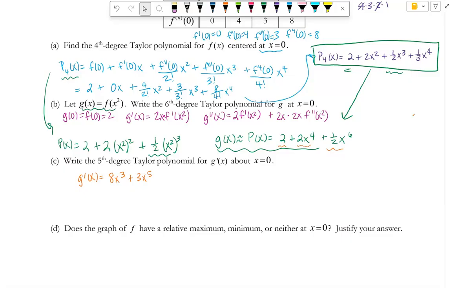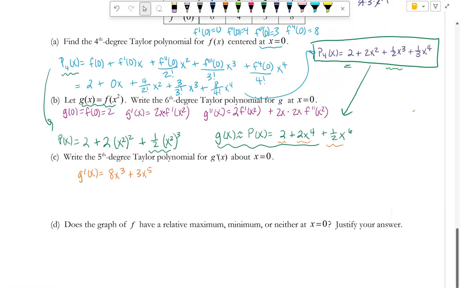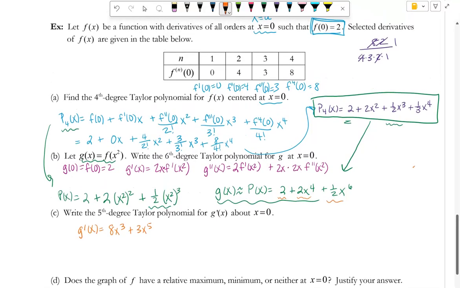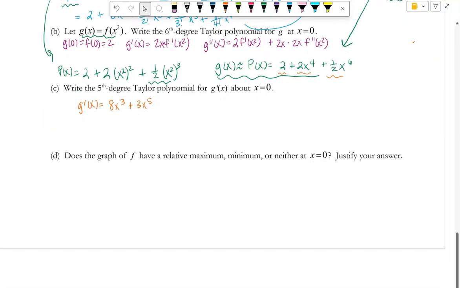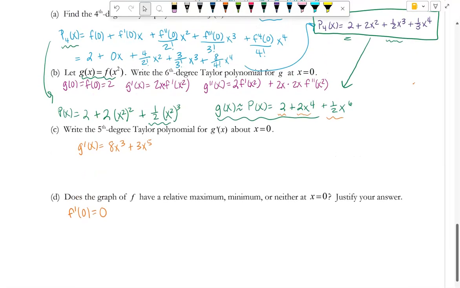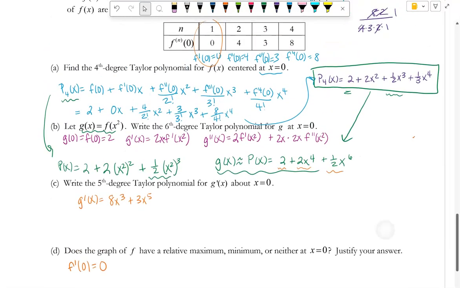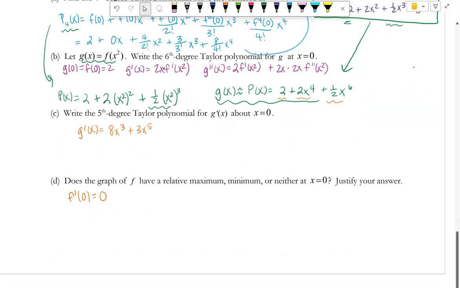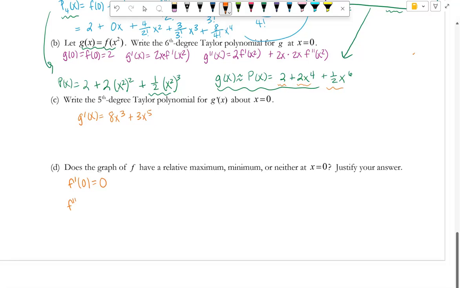So I would first need to know that f prime of 0 is 0. And we are given that, again, in our table up above. So I know that f prime of 0 is 0. Then I would also need to know the value of my second derivative. So my second derivative at 0 is 4. And 4 is a positive number.